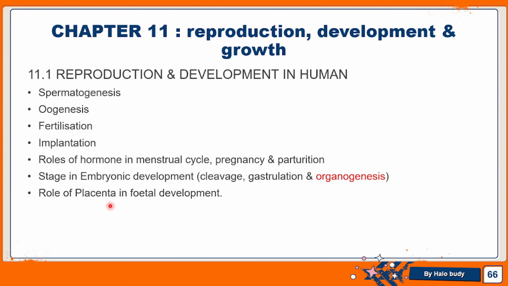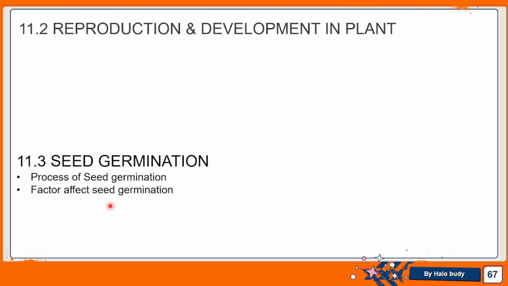The major functions that you learned in SPM are, of course, gaseous exchange and nutrient exchange: provide oxygen, provide nutrients, remove waste products. Of course, yes, it is true, but in STPM you need a more scientific explanation, not the general information that I stated.